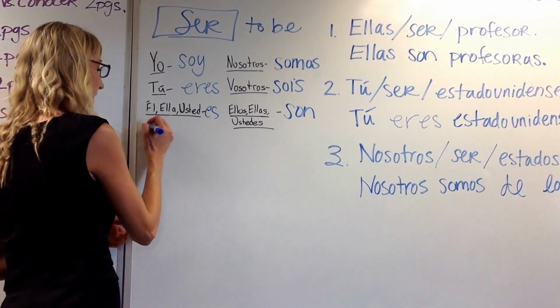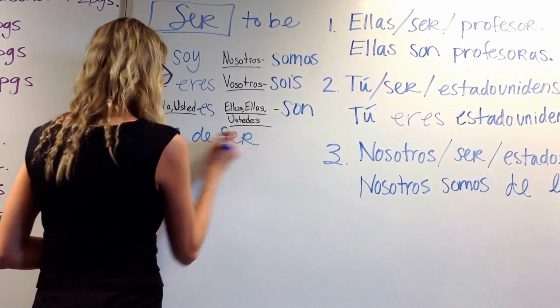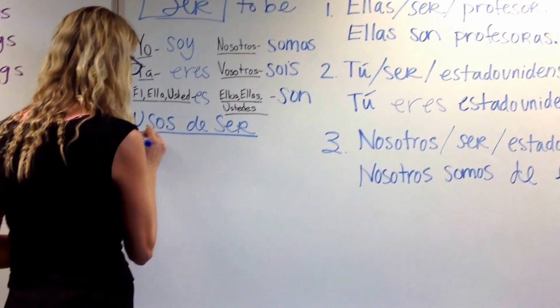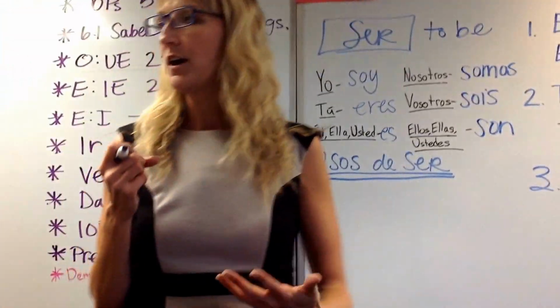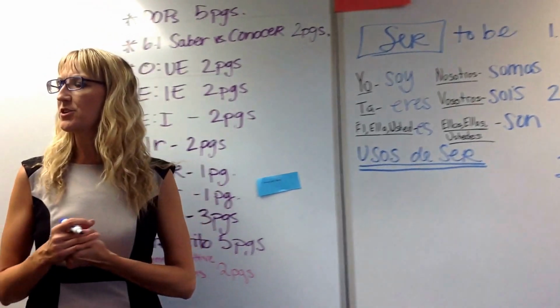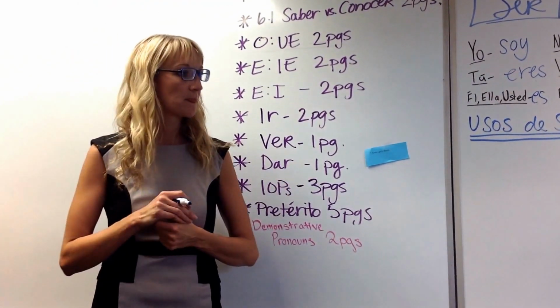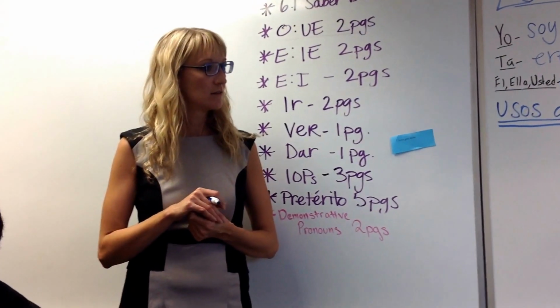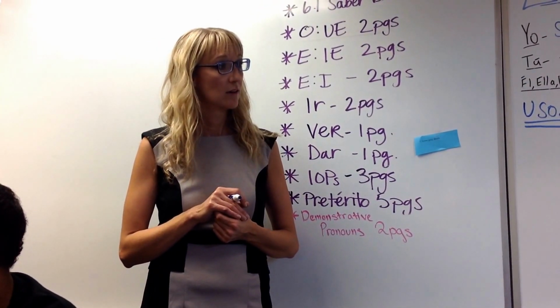So we're going to look at when do we use ser. Usos de ser. We're going to just do a little quick review here to see when we have seen ser so far. When do you use the verb ser so far? When have you been using it so far this year? To, like, permanent things, like your place of origin.